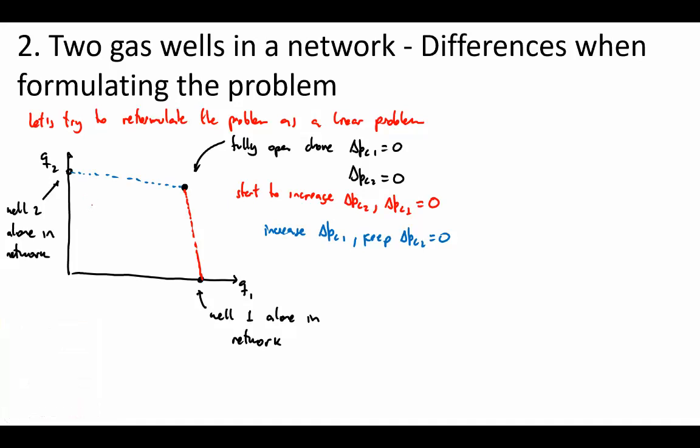Here we have all feasible combinations of Q1 and Q2 that can be achieved by choking. And these two are the unfeasible rate combinations.